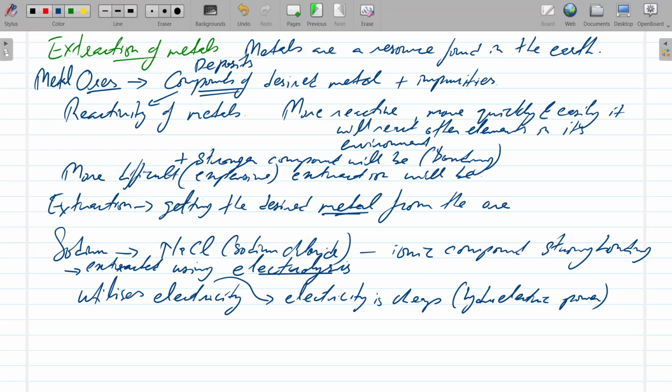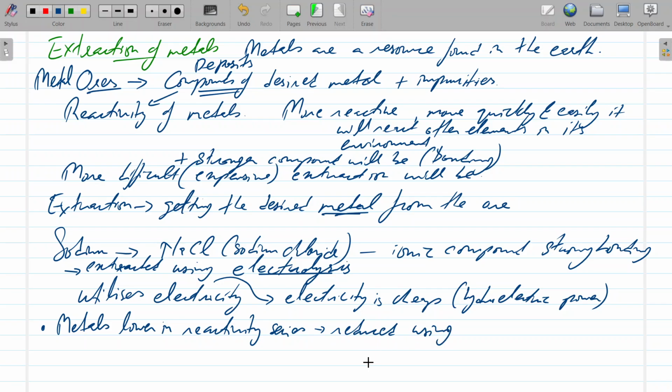Other metals lower in the reactivity series are reduced using carbon.